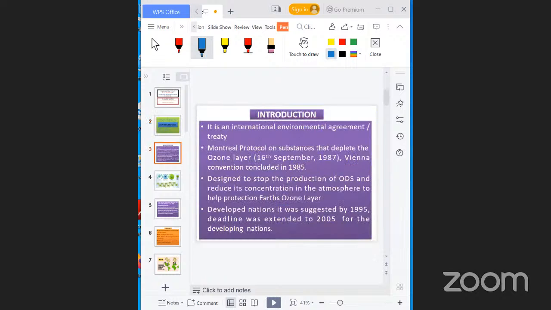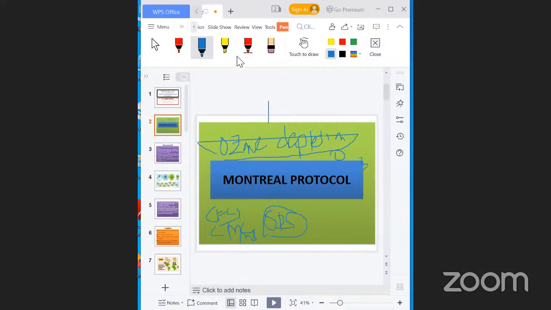So what is the Montreal Protocol? Montreal is a city name in Canada.